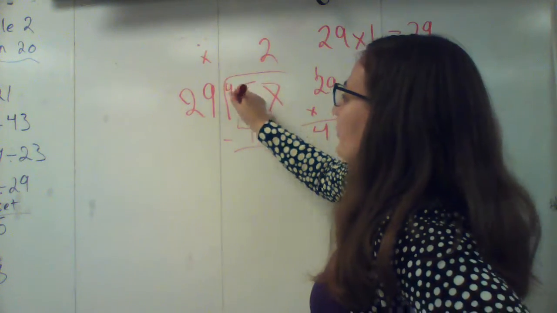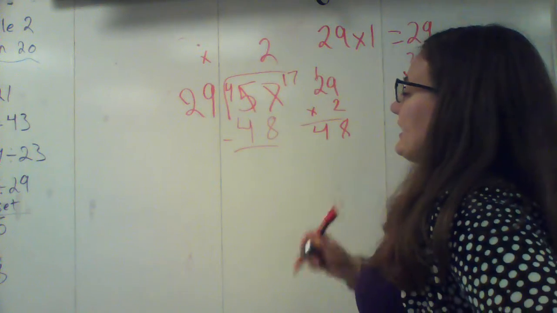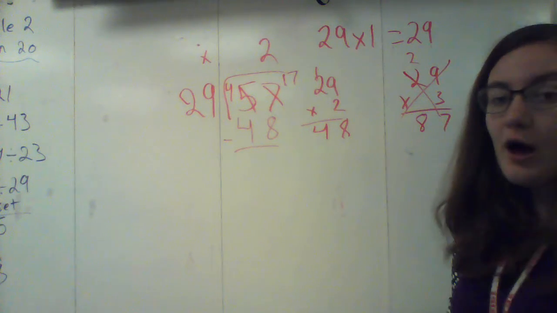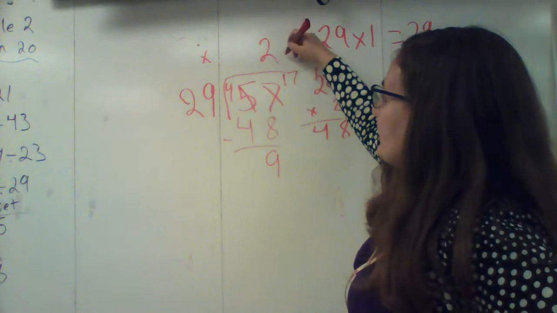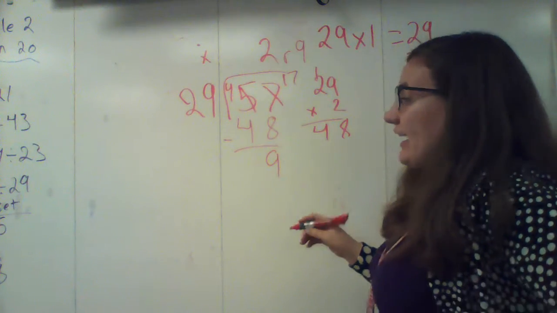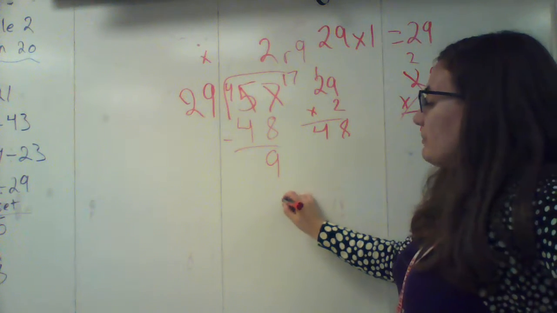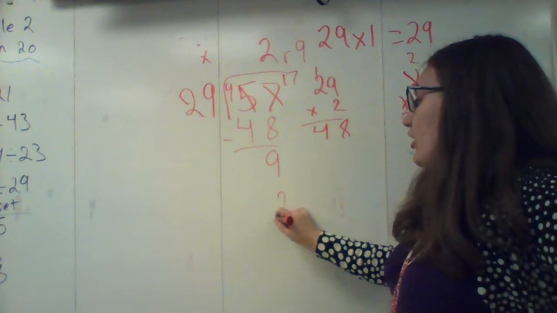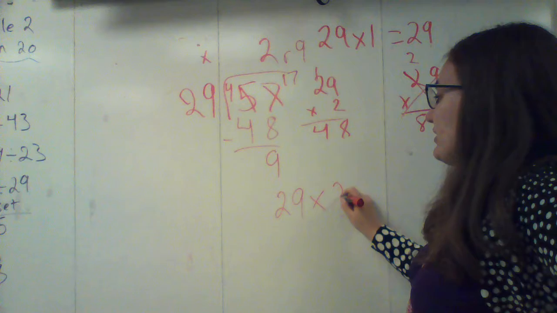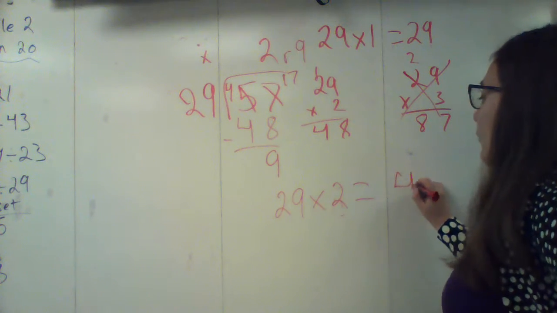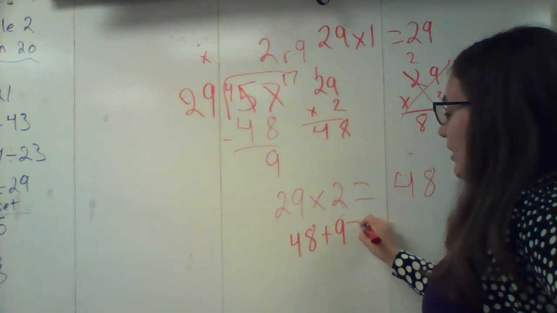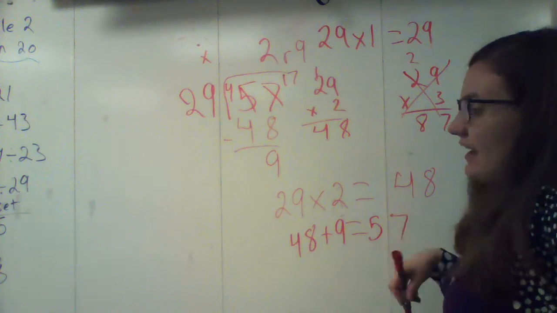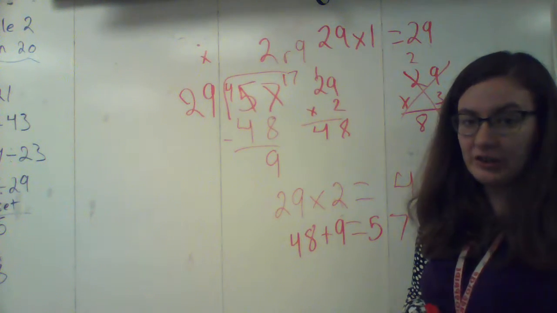That 5 becomes a 4. The 7 becomes a 17. And then I have to do 17 minus 8, which is 9. My answer is 2, remainder 9. I then need to multiply to check my answer. So I'm going to do 29 times 2, which is 48, and then 48 plus 9, which is 57, and I have my final answer.